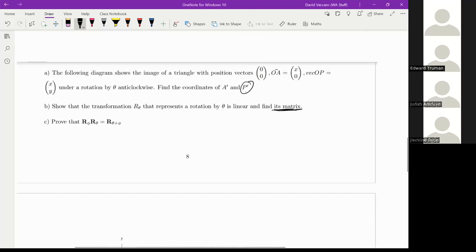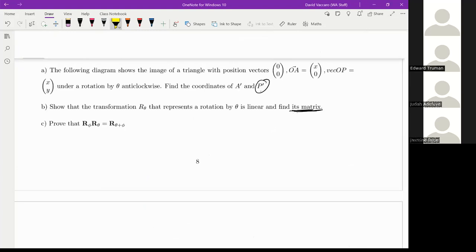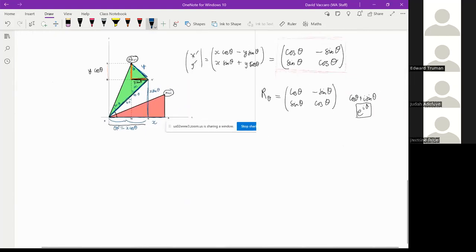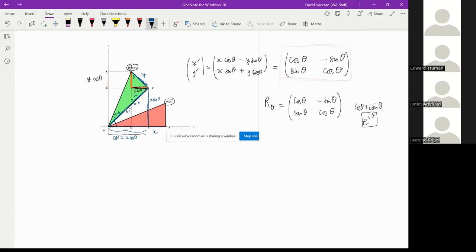Okay, let's go back to the example on the sheet and look at what it asks me to do next. So it says, show that the transformation r theta that represents a rotation by theta is linear and find its matrix, which we've just done. And now it says, prove that r phi times r theta is r theta plus phi. Okay, so let's do C. So C asks me to prove r theta times r phi is equal to r theta plus phi.